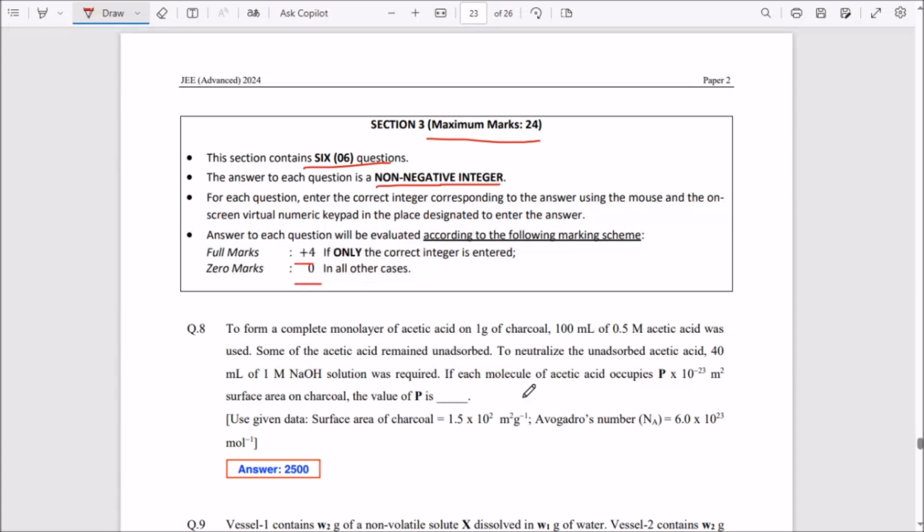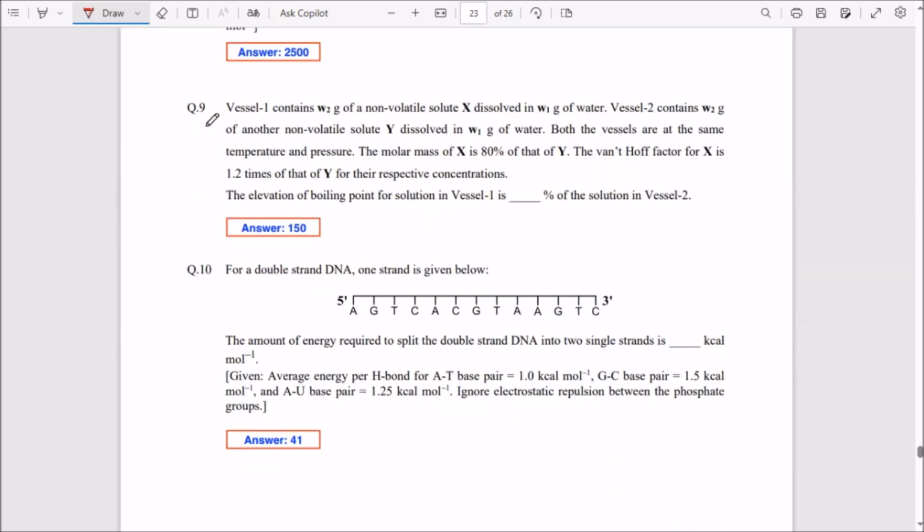If each molecule of acetic acid occupies P into 10 to the power of -23 meter square surface area on charcoal, the value of P is? Use given data: surface area of charcoal is 1.5 into 10 to the power of 10 meter square per gram. Avogadro's number Na is 6.0 into 10 to the power of 23 per mole. So for this, the correct answer is 2500.